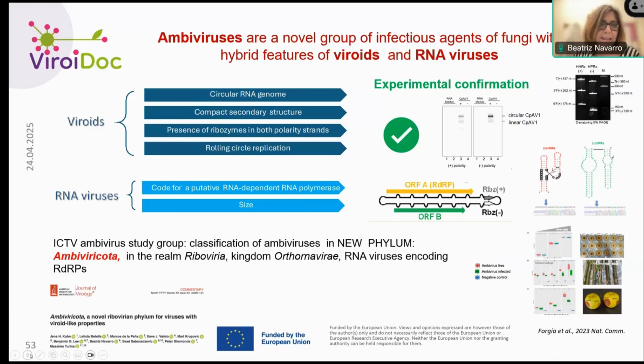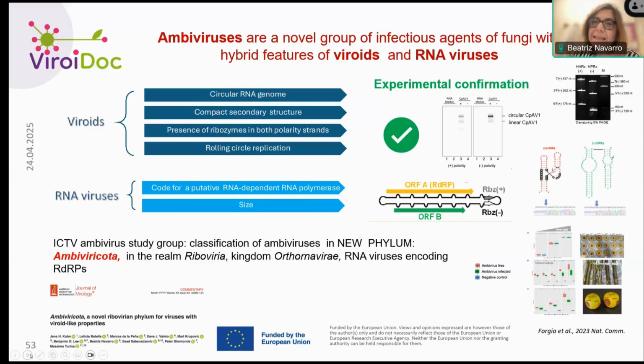The ICTV ambivirus study group has classified the ambivirus in a new phylum, Ambiviricota, in the realm Riboviria, in the kingdom Orthornavirae. So they are considered RNA viruses because they encode their own RNA-dependent RNA polymerase.